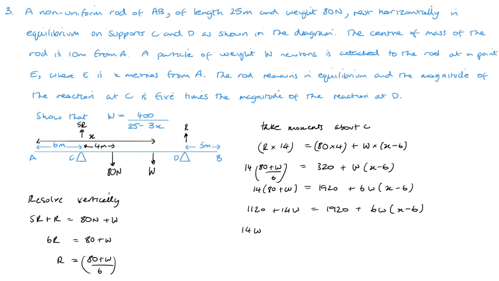So 14W minus 6W times X minus 6 equals 1920 minus 1120. Let's factorize out the W, so that's W times 14 minus 6 times X minus 6 equals 800.